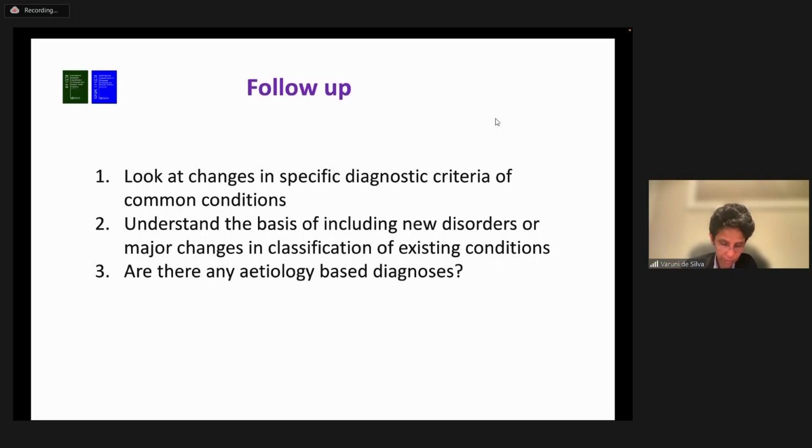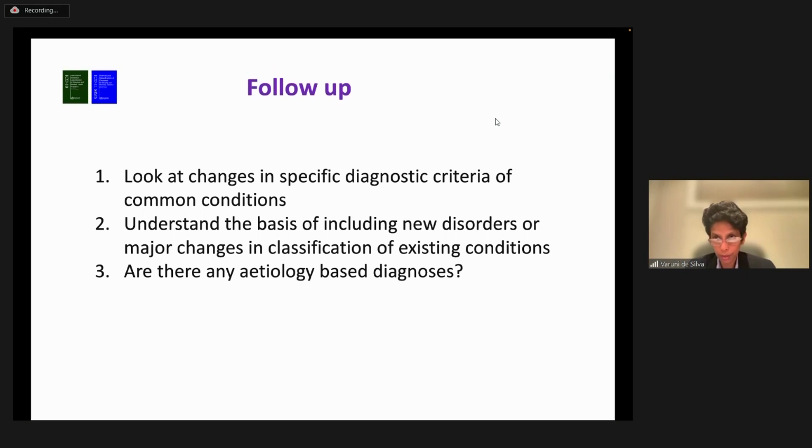So what I've done is gone through in a very broad way, comparing the ICD-10 and the 11 and a little bit of comments from the DSM-5, especially for the trainees, and I think the trainers can help them look at changes in specific diagnostic criteria, especially for the common conditions.